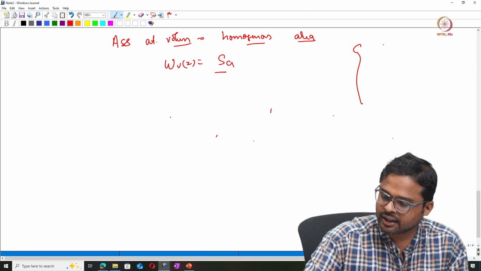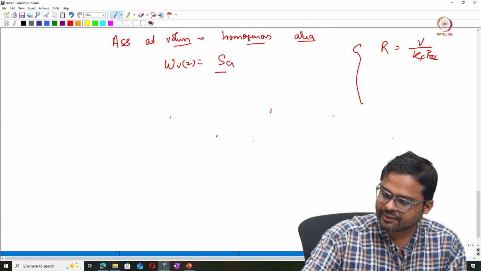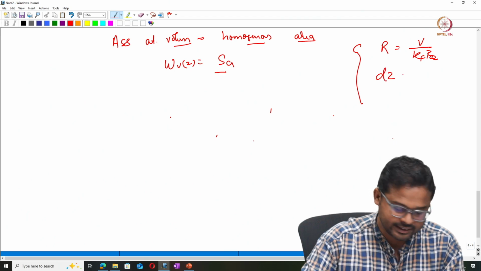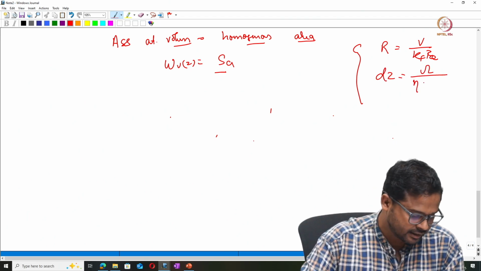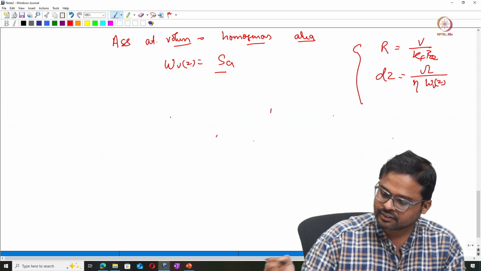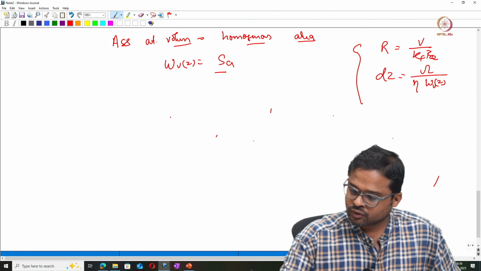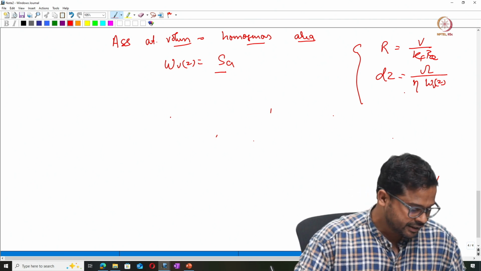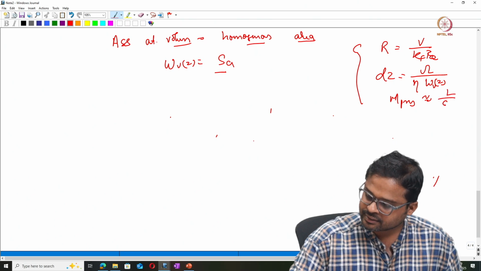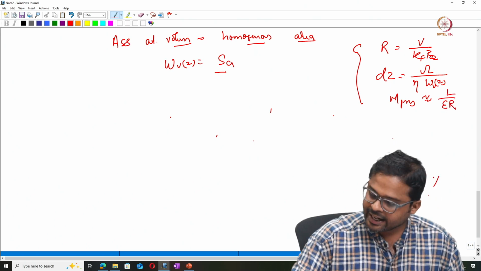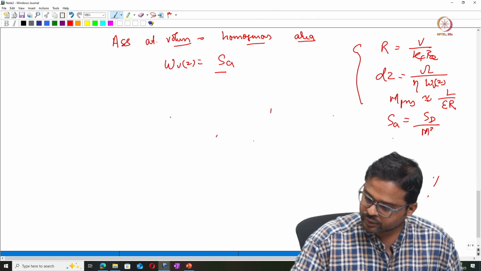From the earlier formula, R equals V divided by KF times the evaporation field, and dz is written as the atomic volume divided by efficiency. M projection can be estimated by L divided by image compression factor times R, and SA equals SD divided by M projection squared.